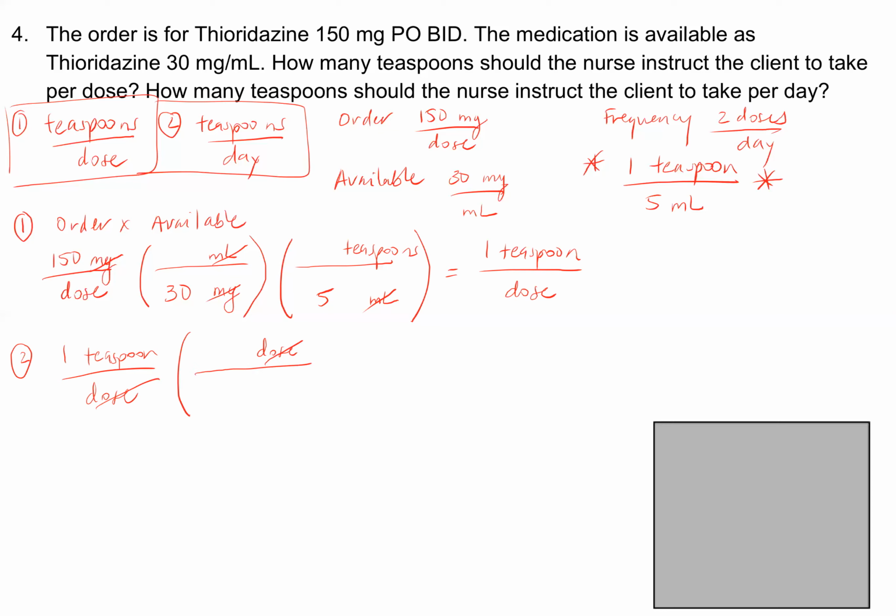So the dose units cancel, and we're left with 2 teaspoons per day. So final answer for the first one is 1 teaspoon per dose, 2 teaspoons per day. Final answer for number 4.